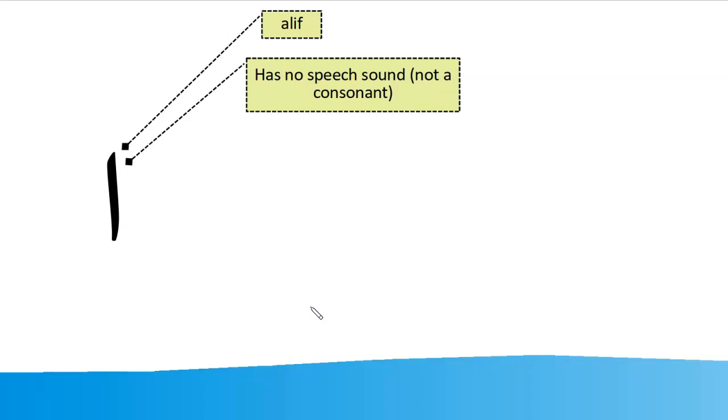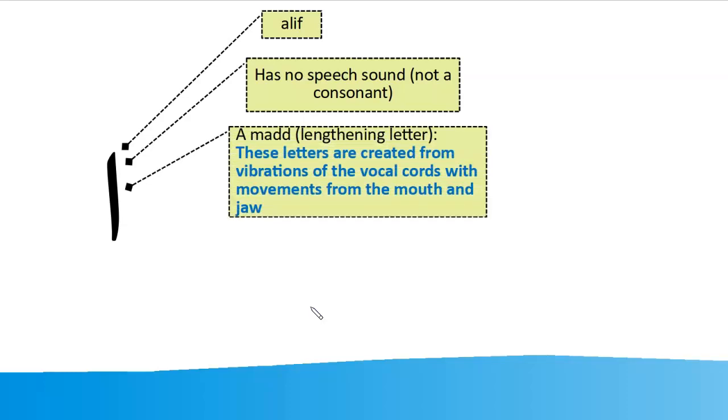It's the only letter in the Arabic language that has no speech sound. What do we mean by it doesn't have speech sound? It means we cannot pronounce or articulate it from a specific part of the mouth. Unlike Hamza, which comes from the furthest lying part of the throat, Alif doesn't have any speech sound, so it's not a consonant.